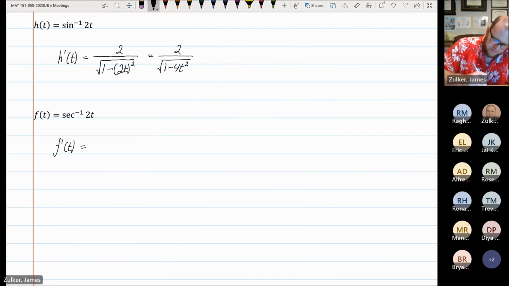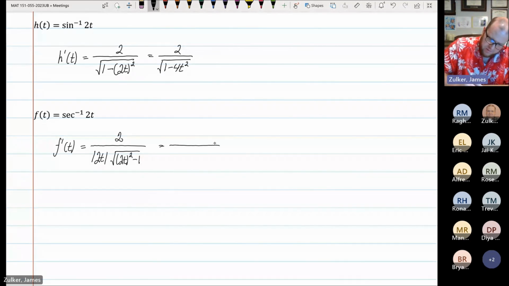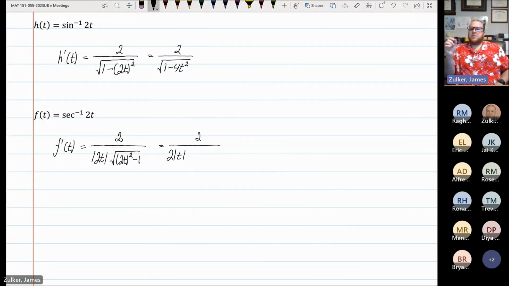Inverse secant. Derivative is u prime over the absolute value of u times the square root of u squared minus 1. Right? Well, remember with absolute values, if you take the absolute value of a product, it's the product of the absolute values.